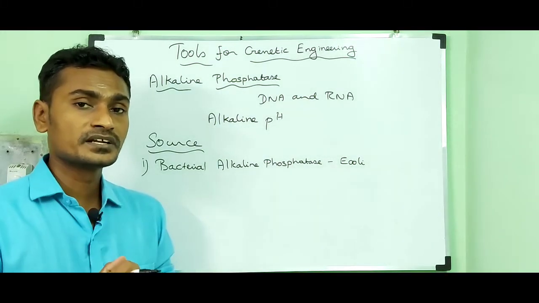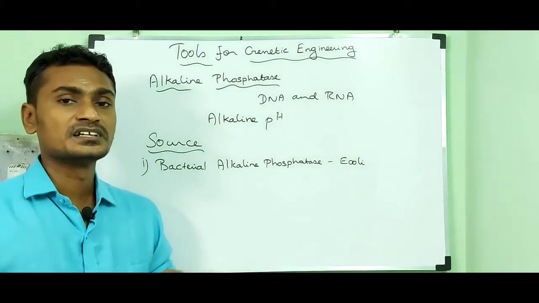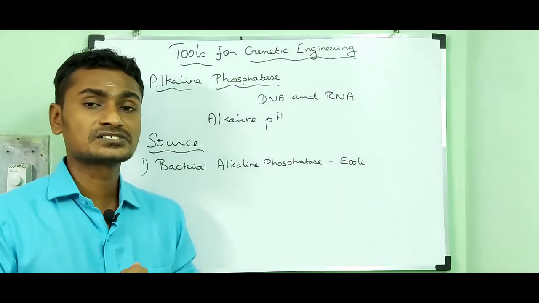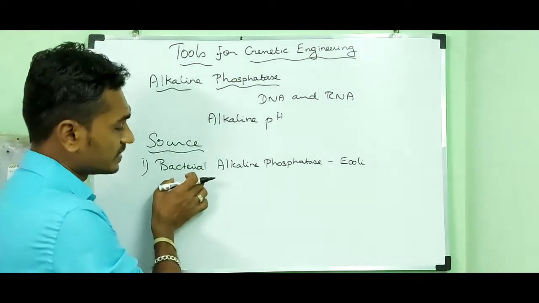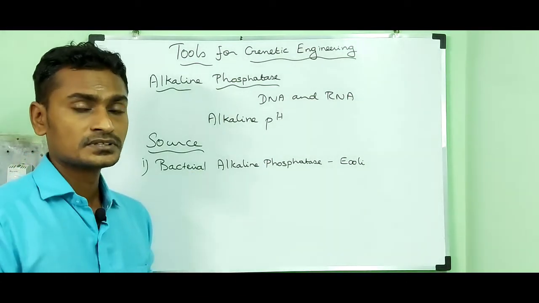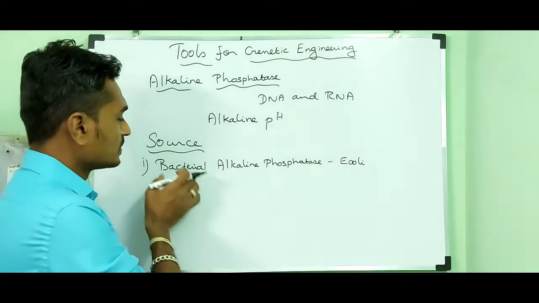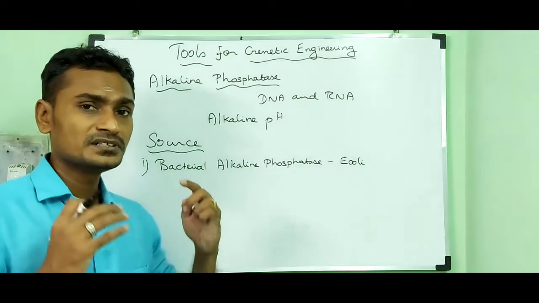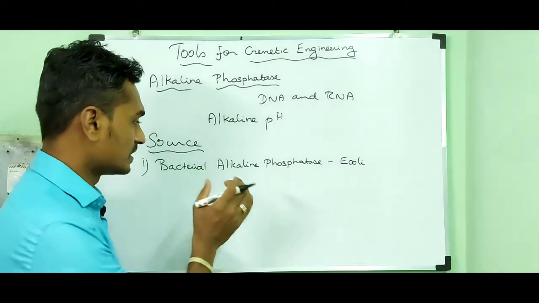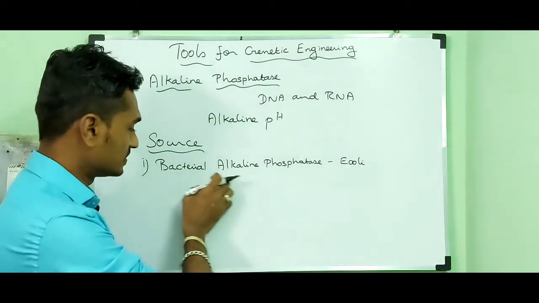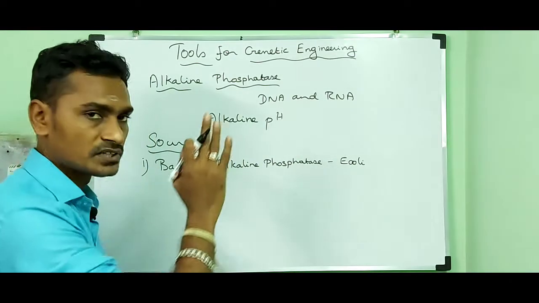The main disadvantage of this enzyme is that it is very difficult to destroy at the end of the dephosphorylation reaction. That is the main disadvantage of bacterial alkaline phosphatase.